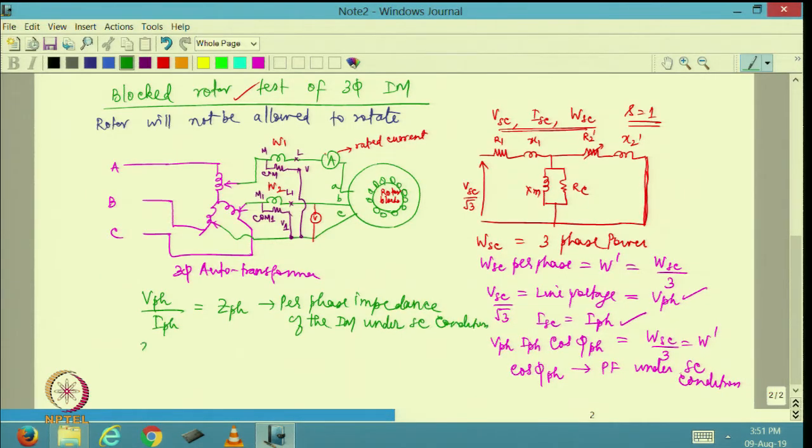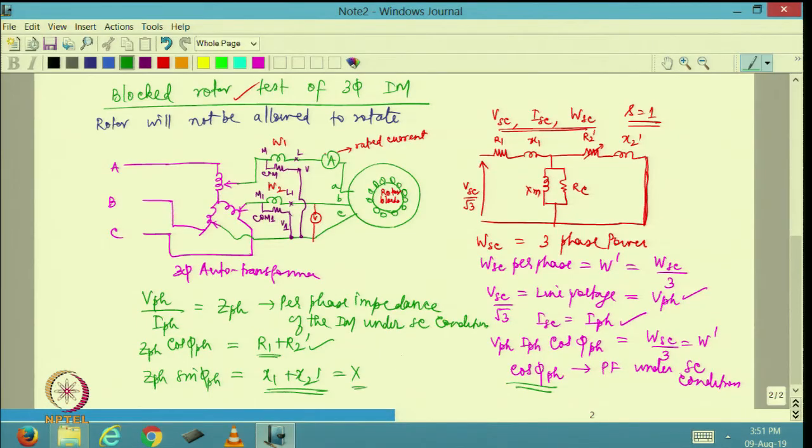Now, I can say Z phase multiplied by cos phi phase, whatever I got from here, will be equal to R1 plus R2 dash. If I know R1 already, I should be able to get R2 dash without any difficulty. Similarly, Z phase sin phi phase will be equal to X1 plus X2 dash. I can assume that both leakage reactances are almost equal to each other.